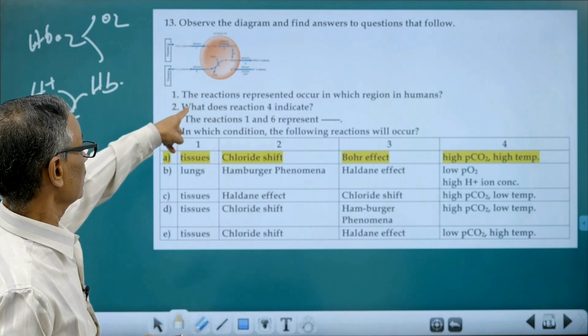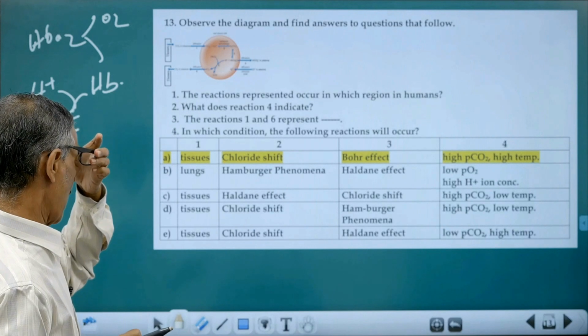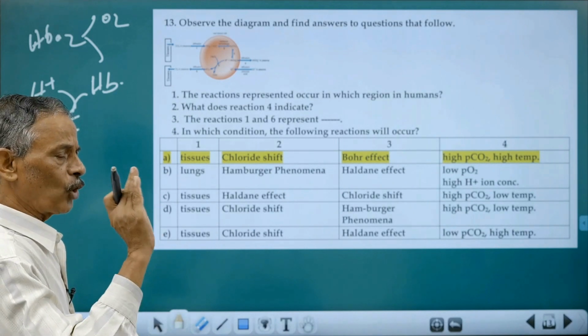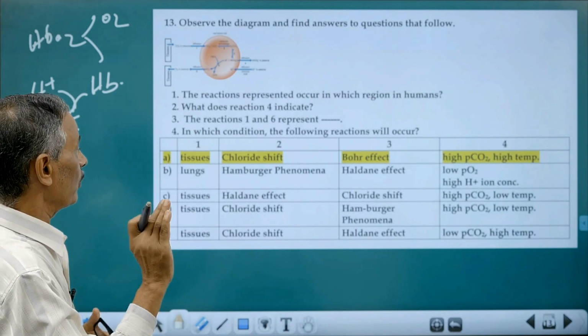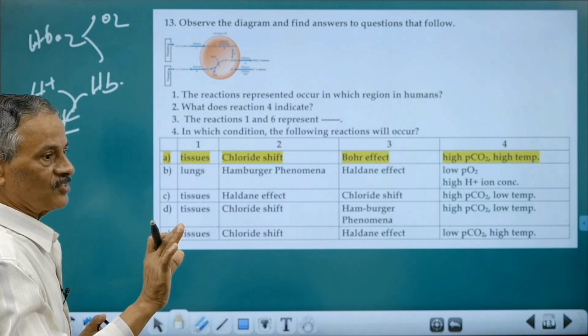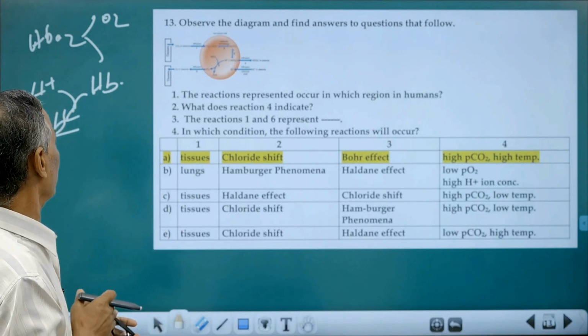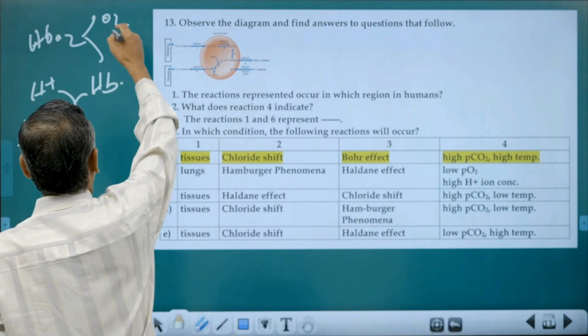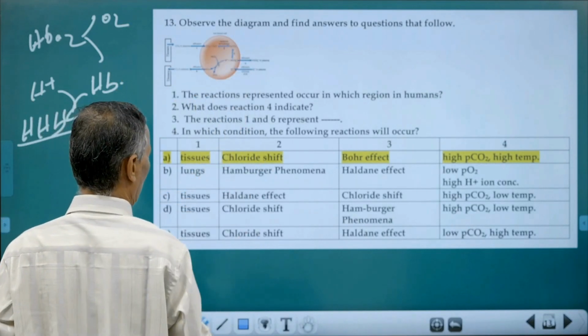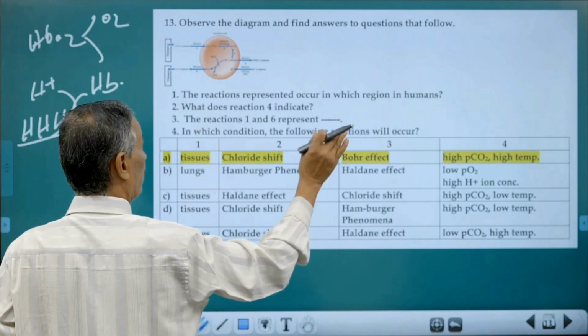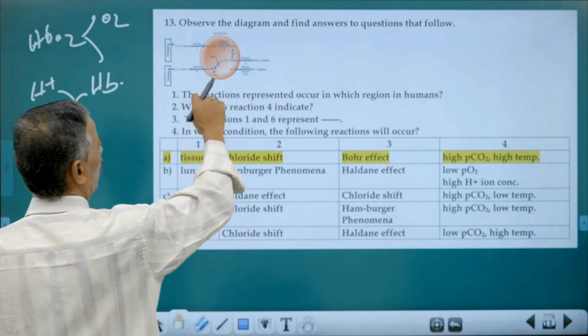To maintain normalcy, the same number of same charges are diffusing in the opposite direction. So the carbon dioxide is diffusing out and an equal number of bicarbonate ions.